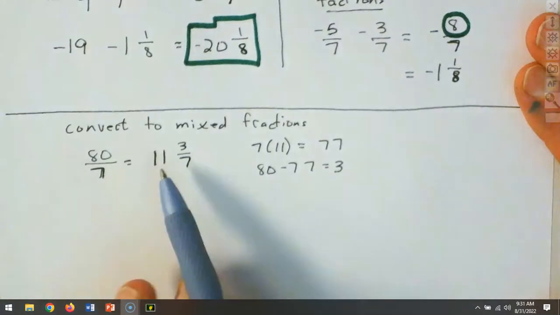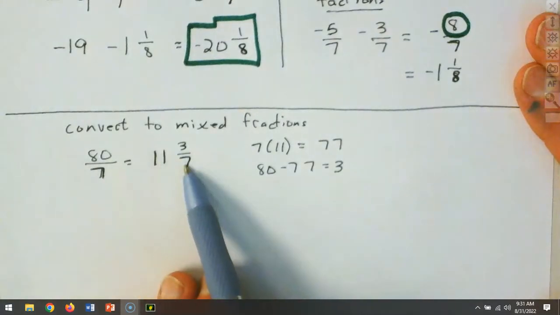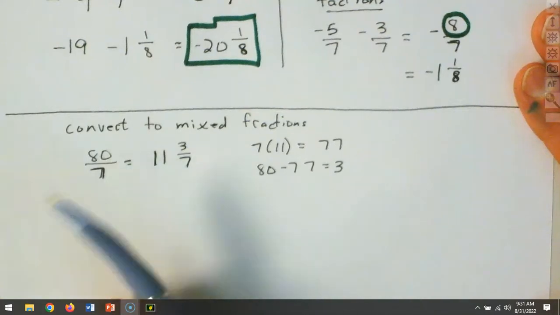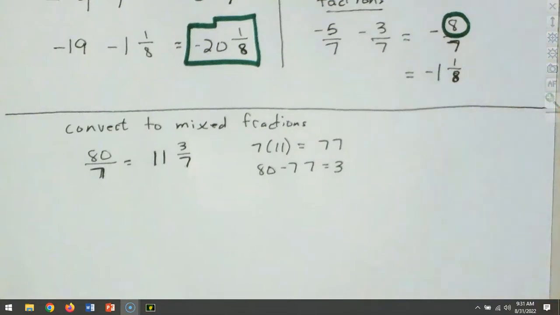You can check, because what's 11 times 7? 77. 77 plus 3 gives you what? 80. We're going to do several of these so we get used to converting them. Whenever it says write your answers in mixed fraction, you've got to convert them. Otherwise, you can keep them as an improper fraction.